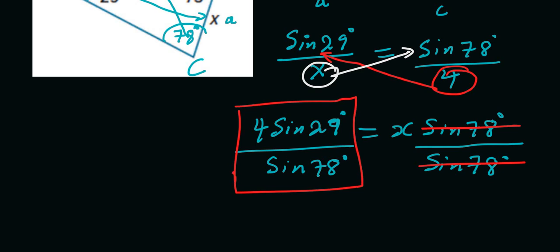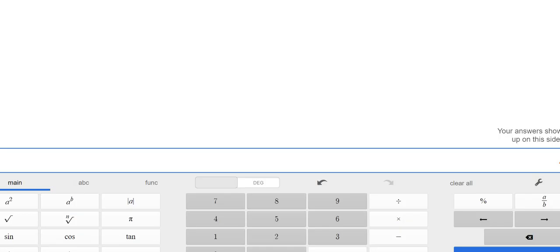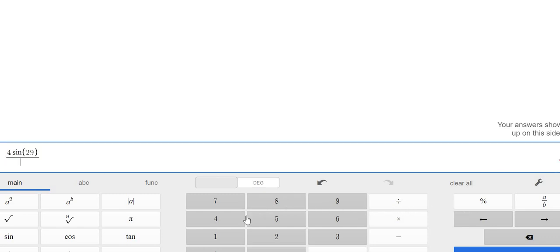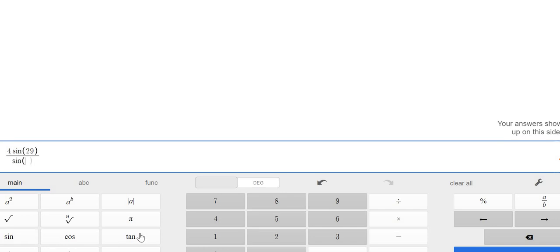Now we can use a calculator to generate this. Let's quickly do that. We have 4 sine 29 divided by sine 78, and that gives us 1.98256222.